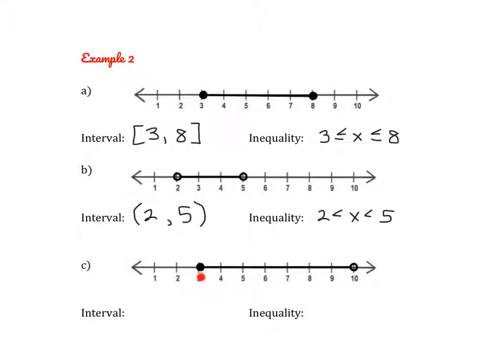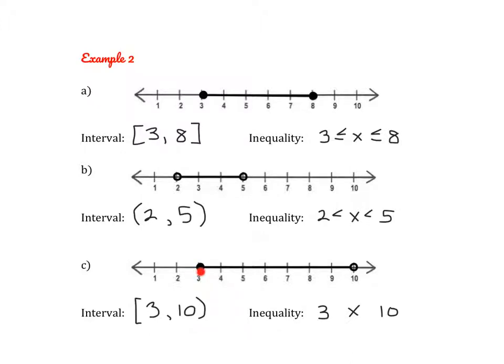For this last example, let's do interval notation first. So we start with a bracket because we have a closed circle. 3 is our smallest number, 10 is our biggest number, and we put a parenthesis here because it's an open circle. And then if we did inequalities, the lowest is 3, the highest is 10, and x is in the middle.